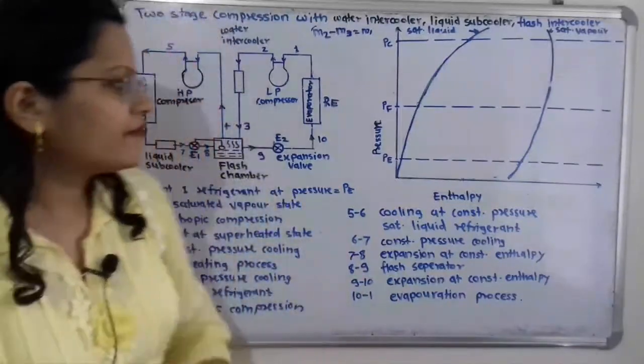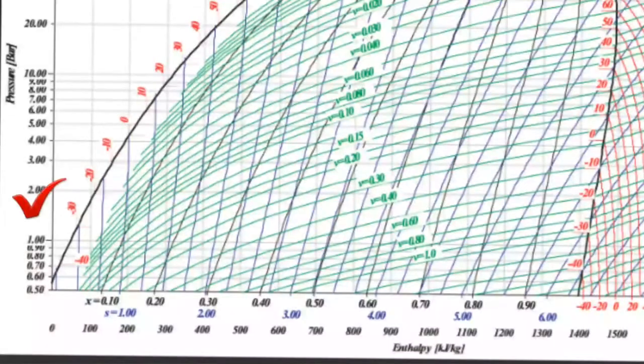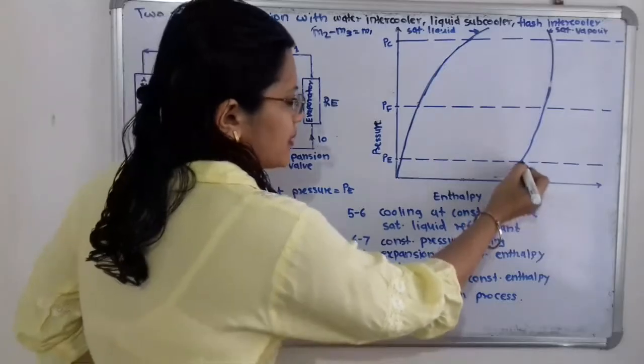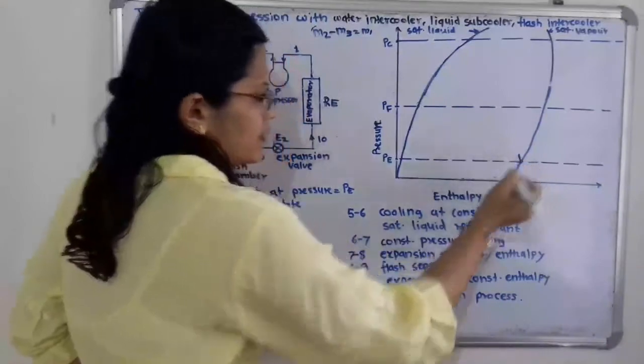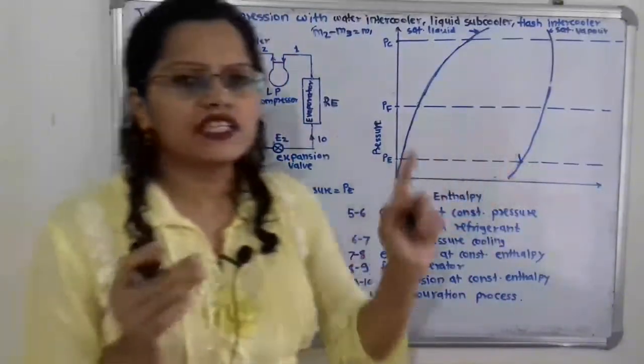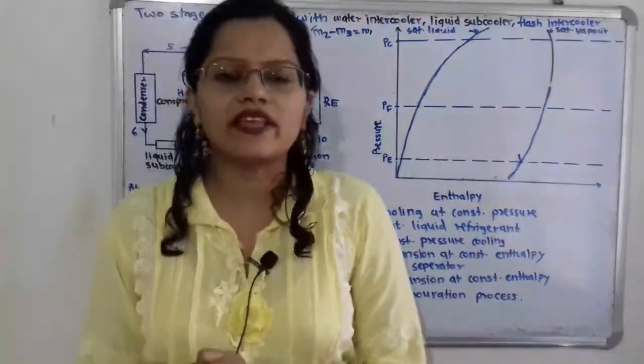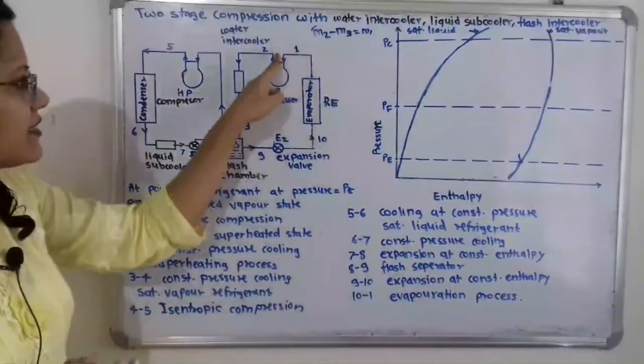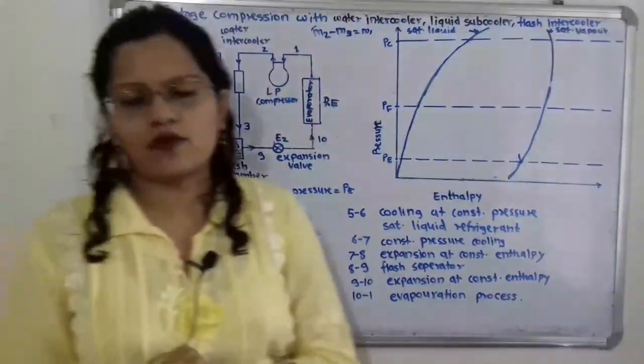On this pressure enthalpy diagram, here is the saturated vapor line and here the evaporator pressure PE. We consider the point of intersection. So at this pressure PE, this is the saturated vapor state and here will be the point 1. This is the initial condition of the refrigerant while it is entering this low pressure compressor.